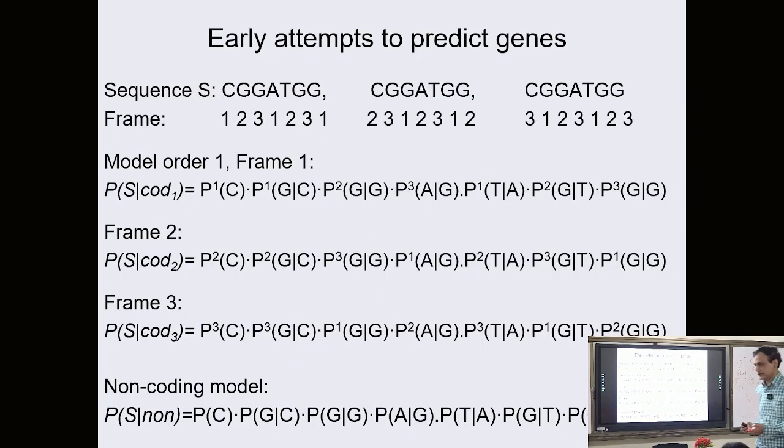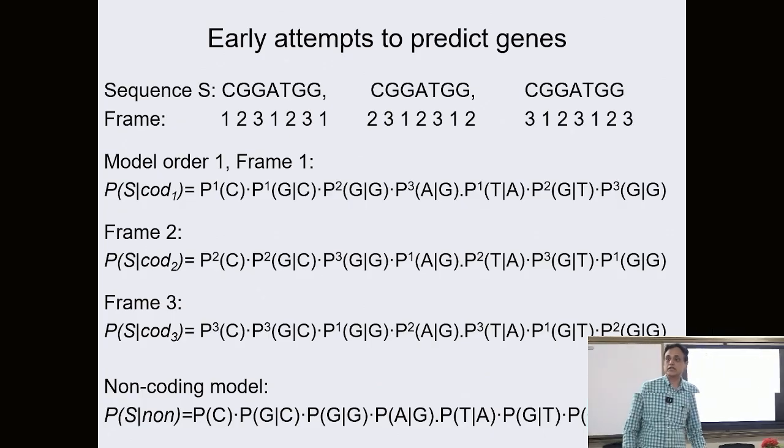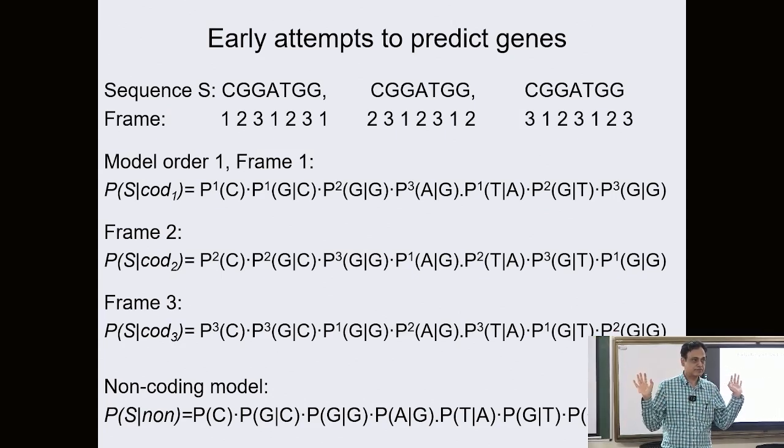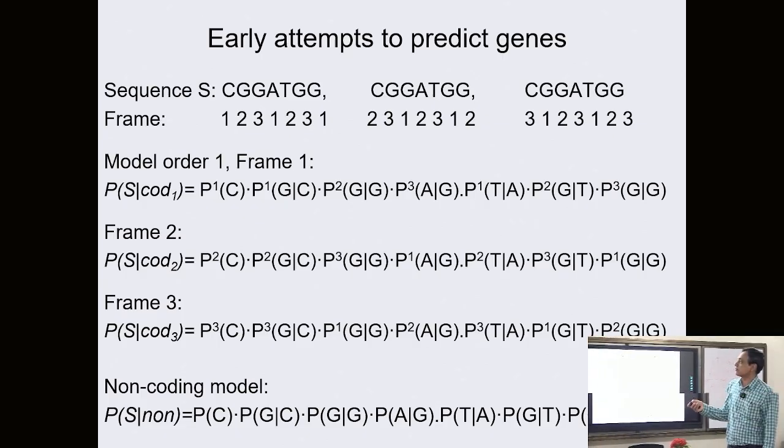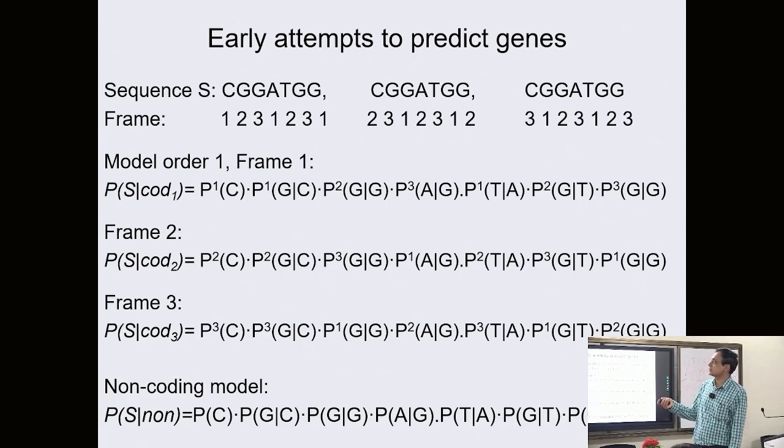These models were used for predicting genes. We are coming to the third step, which is to integrate these models within a pattern recognition algorithm that can discriminate protein coding sequences from non-coding sequences. Given a sequence, the probability of that sequence to be protein coding in frame 1, frame 2 and frame 3 can be computed, something like this.